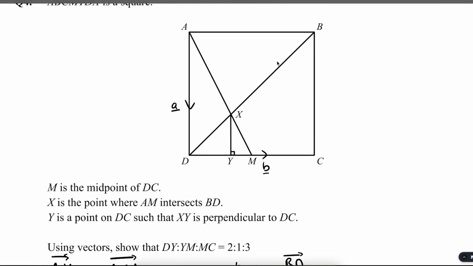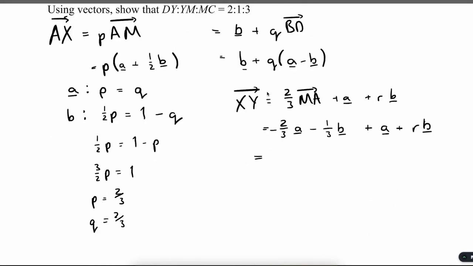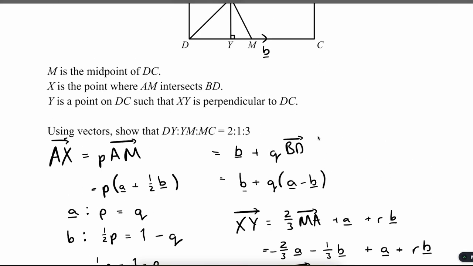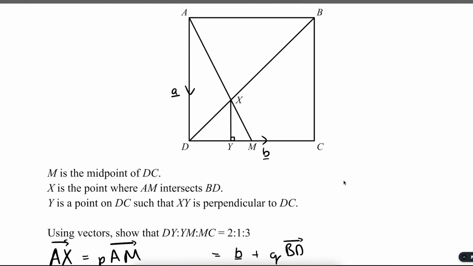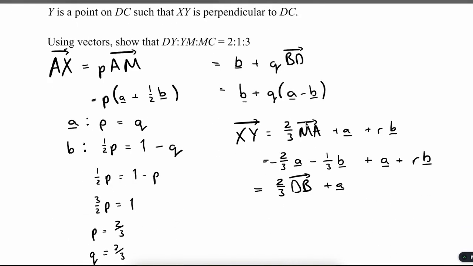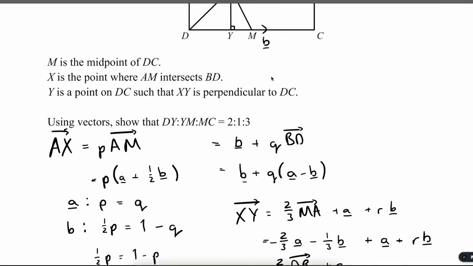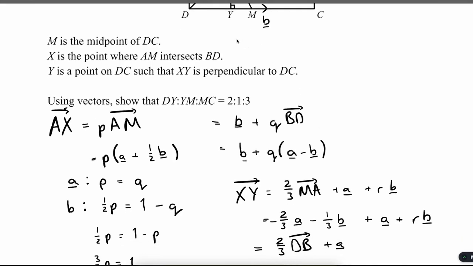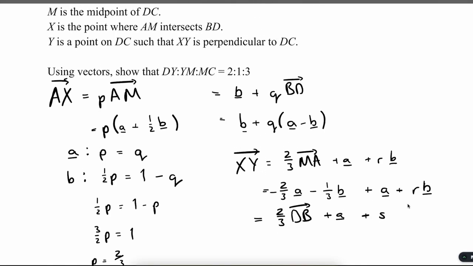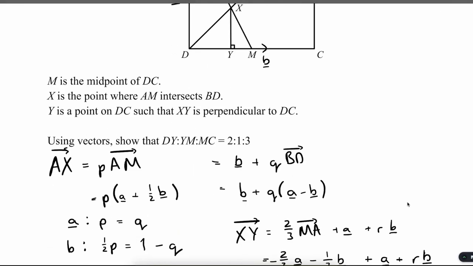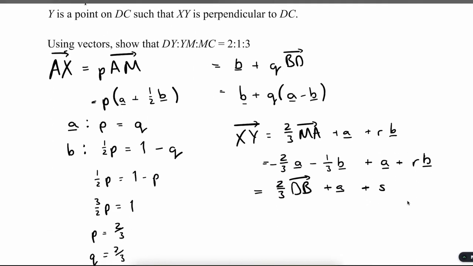So we've got XB, which is 2/3 of DB, and then B to C, which is just a, and then C to Y, which is going to be some scalar parameter, so we can use s, some scalar parameter s, lots of CD, which is minus b, so that's going to be a minus sb.